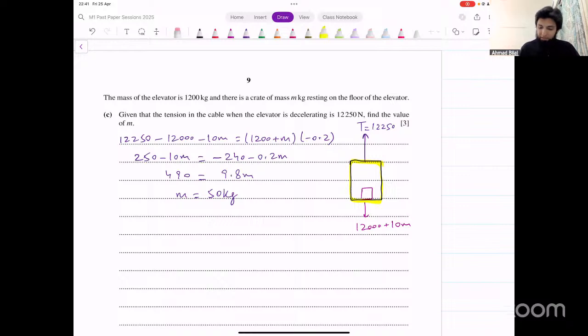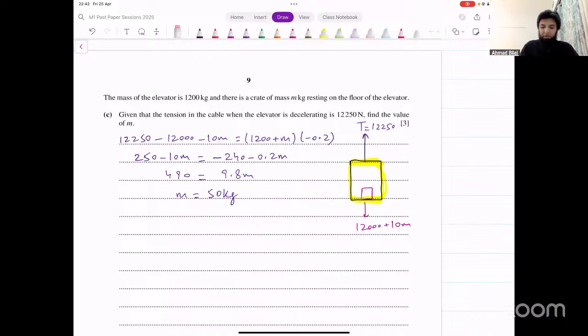We are just considering this whole system, and the lift is moving in the upwards direction. Since the lift is moving upwards, what's the forward force? The forward force is 12,250. Backward force is 12,000 plus 10m, the weights of both of those objects. That equals mass into acceleration. We are considering the whole system, right? Both the lift and the mass together.